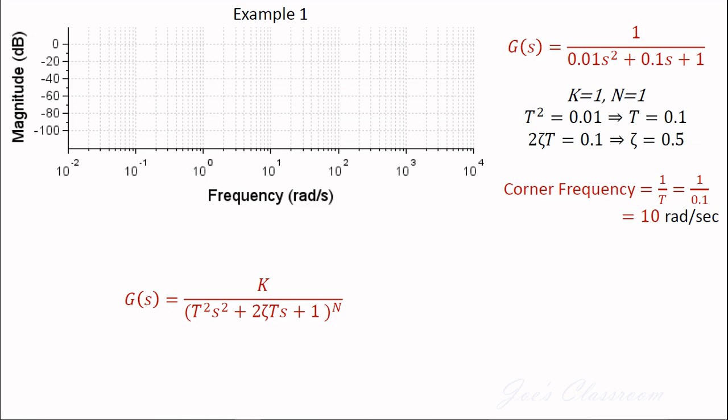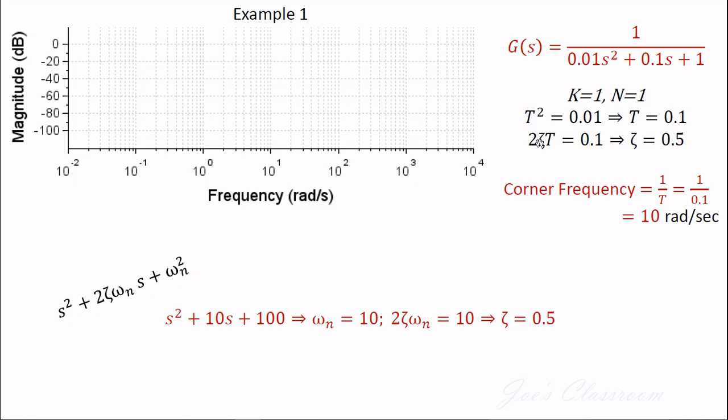And here already the transfer function is given in time constant form. Sometimes the same transfer function can be given in pole zero form also. In that case, the denominator will be of this form, s square plus 2 zeta omega n s plus omega n square.